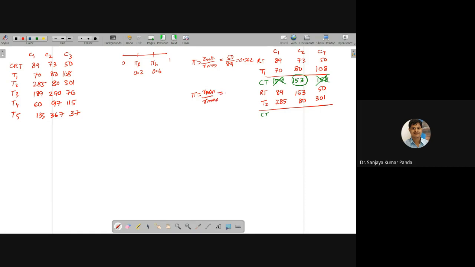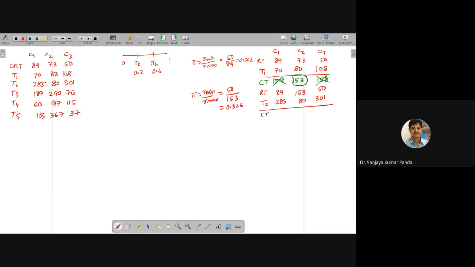What is the Rmin value here after assigning T1? 50. Divided by 153, right? So 50 divided by 153, you will get the value 0.326.